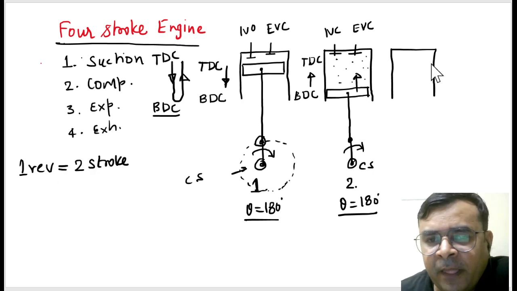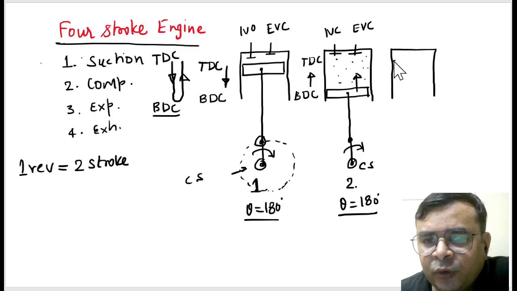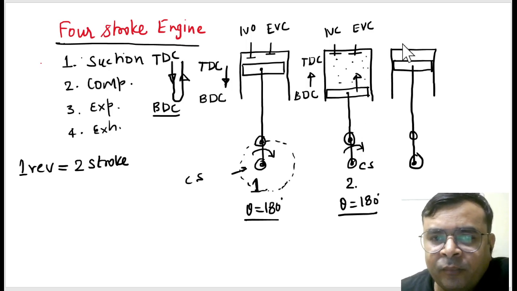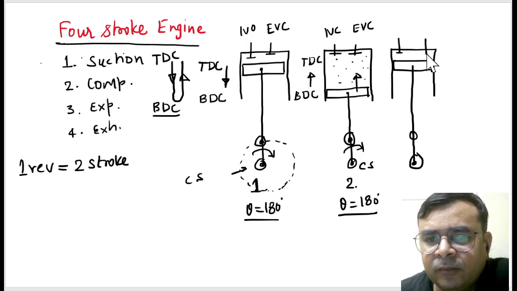Is it right? And now again, your piston is positioned here at the top dead center. And again, here you can see both connecting rod and crankshaft are aligned together collinearly. And here again both valves are closed, inlet and outlet valve closed.